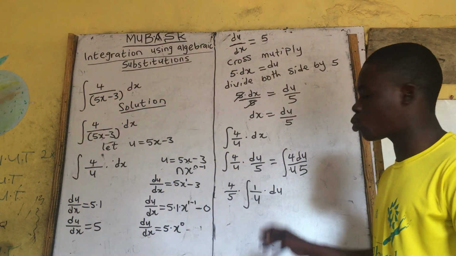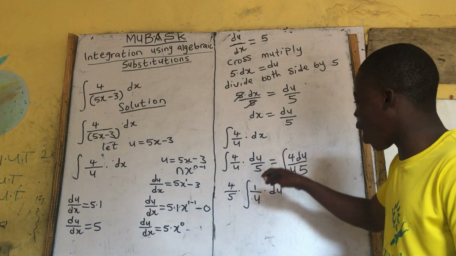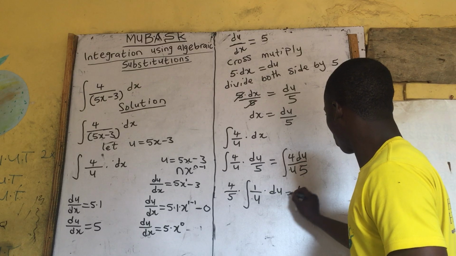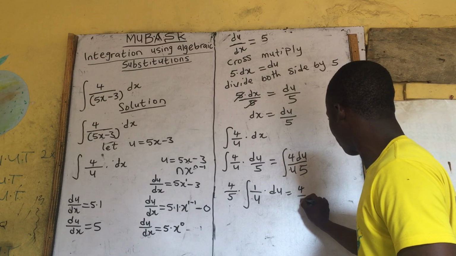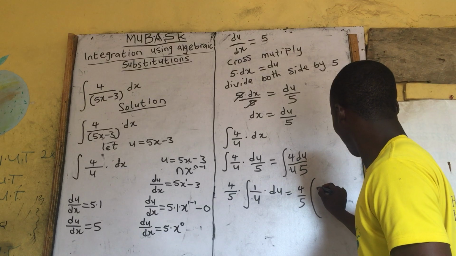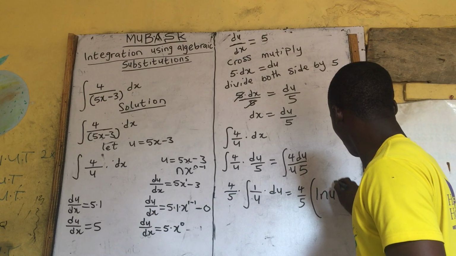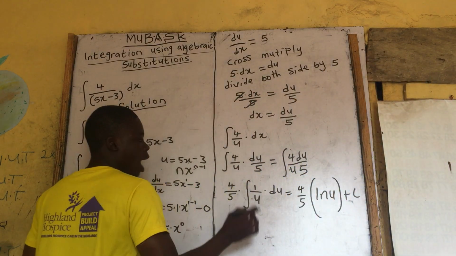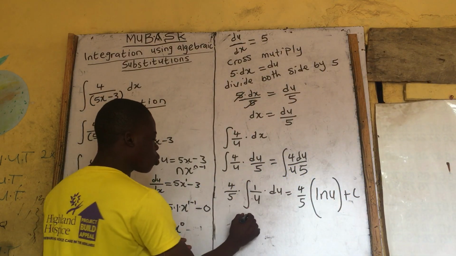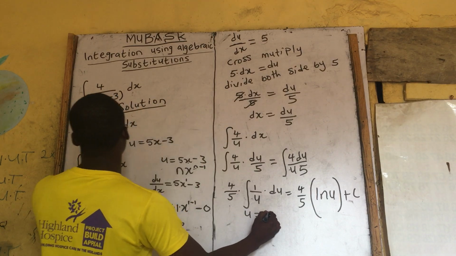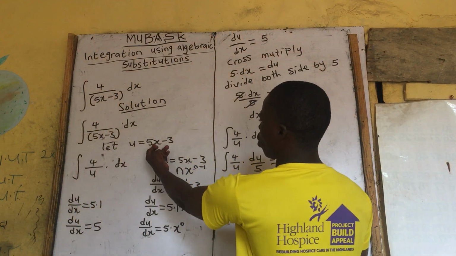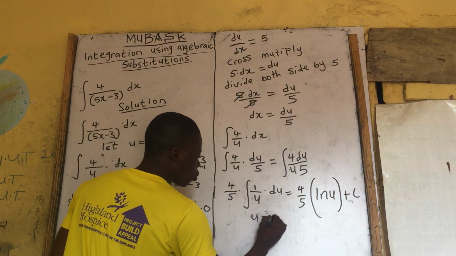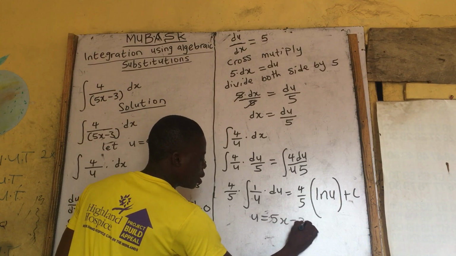So we can now integrate from the integration table. If you want to integrate 1 all over u, or 1 all over any letter, you get ln u. So we have 4 all over 5 times open bracket ln u close bracket plus c. Our u equals 5x minus 3.